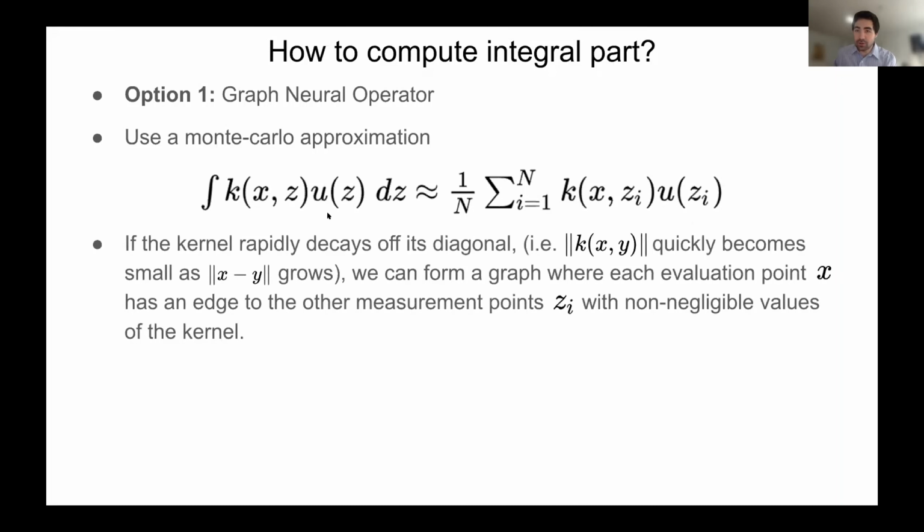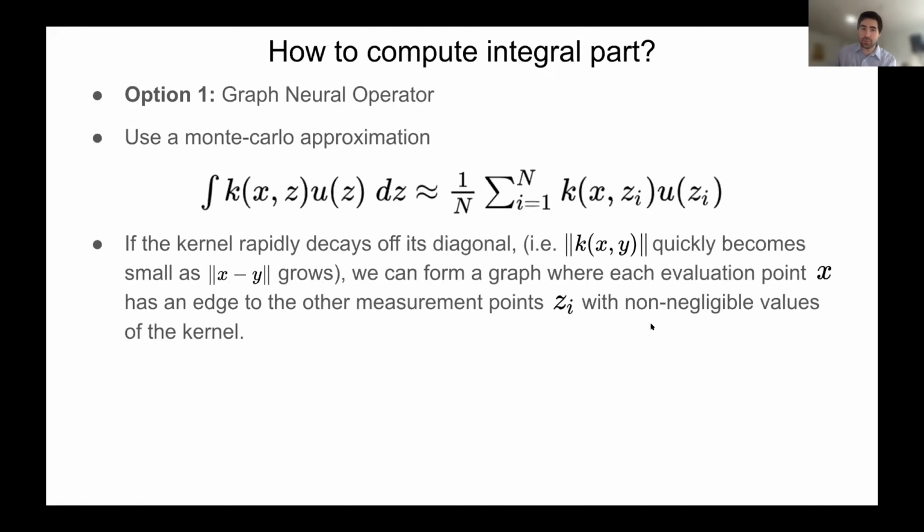If the kernel that we have is somewhat localized, which is to say that it decays off its diagonal, by the diagonal I mean if you put the same point into the kernel twice, then the values of this would be very, very small unless x and z_i are close together.